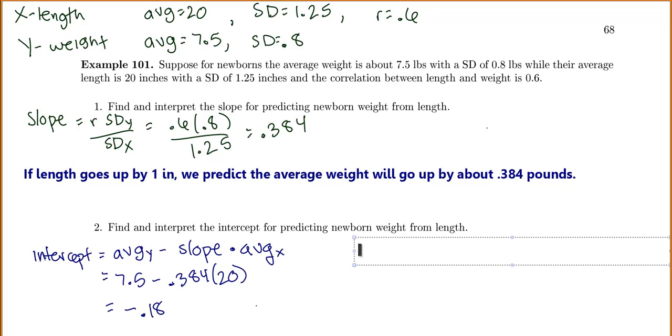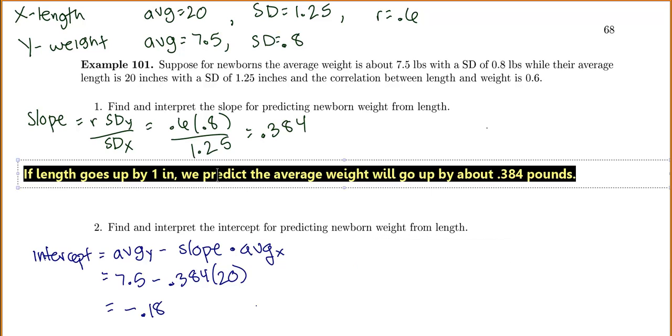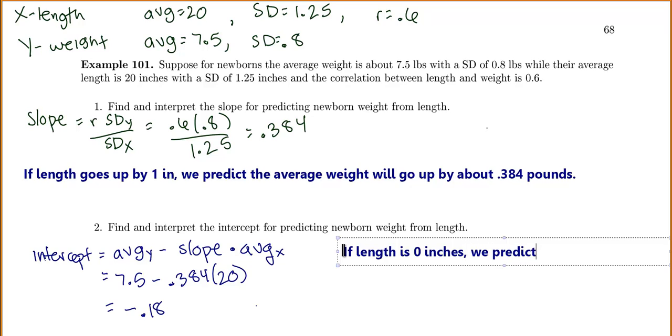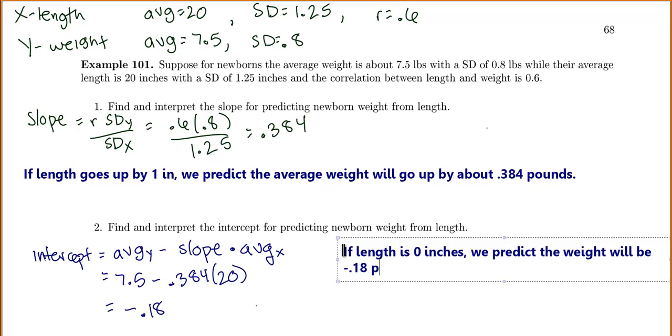Now, what is the intercept? Remember, our intercept is if x is 0, what is y? So if length is 0 inches, we predict the weight will be negative 0.18 pounds.